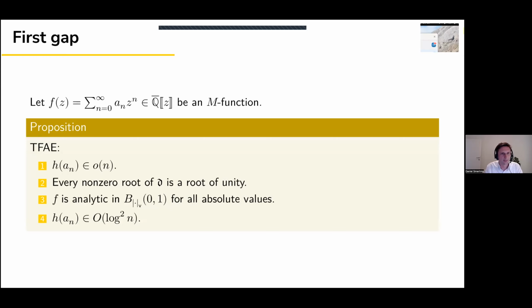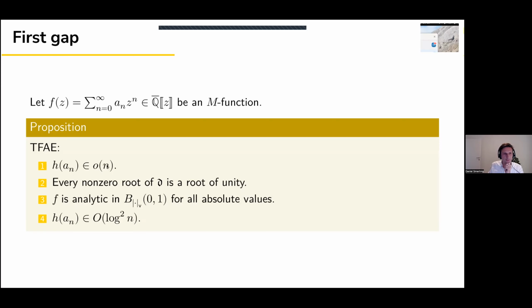So the first gap is saying if the height of coefficients is in little o of n, then every non-zero root of this K-Mahler denominator is actually a root of unity. And equivalently, f is analytic in the entire open unit circle for all absolute values. Or equivalently, the height is asymptotically in big O of log squared n.